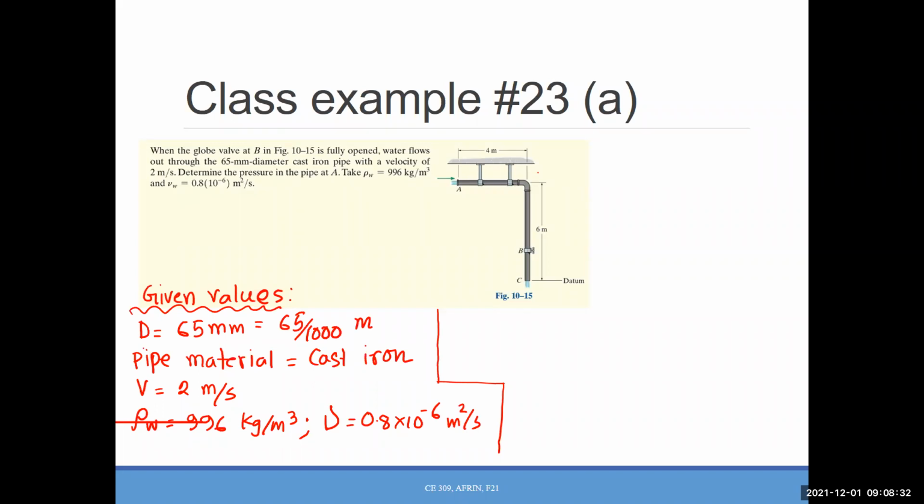So we have two sources of minor losses here: one bend and one valve. I will write down the names here because we will need that at some point. What type of valve do we have here? Fully open globe valve, right?